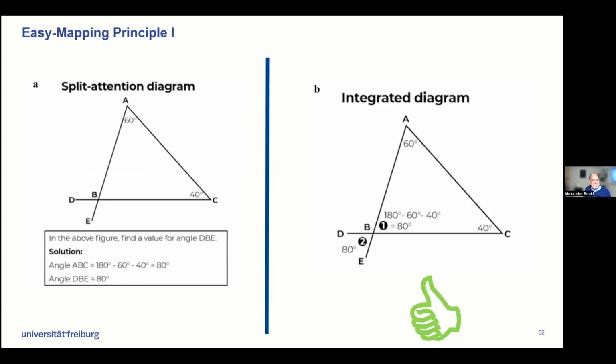But somehow the worked example effect reappeared if you used the integrated diagram that made it much easier to map the equations to the figure, to the triangle. That's why I call it the easy mapping principle.